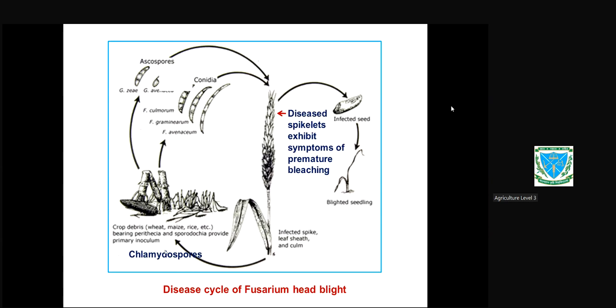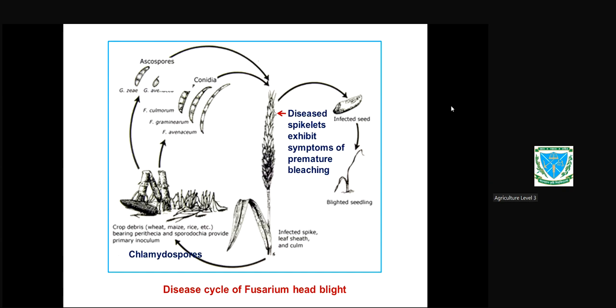Fusarium graminearum or Gibberella zeae can survive or overwinter or perennate on the residues or debris as chlamydospore or as fruiting structure perithecia. The chlamydospore after germination they produce conidia, but perithecia after germination they produce ascospore. Either ascospore or conidia can infect the wheat head and produce premature bleaching symptoms.